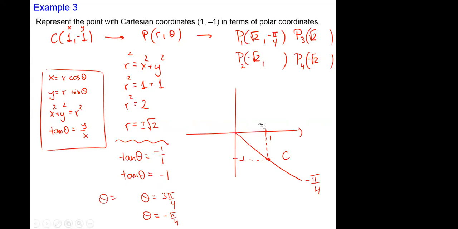Or I can actually use my counterclockwise direction, 1, 2, 3, 4, 5, 6, 7 pi over 4. Let me write it this way, because that's the fourth quadrant. That's the fourth quadrant, 7 pi over 4. And also, from the second quadrant, I can use the negative notation. I can go this way, 1, 2, 3, 4, 5, but negative 5 pi over 4.